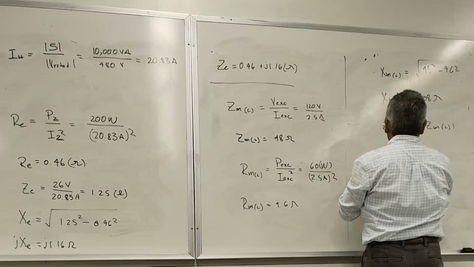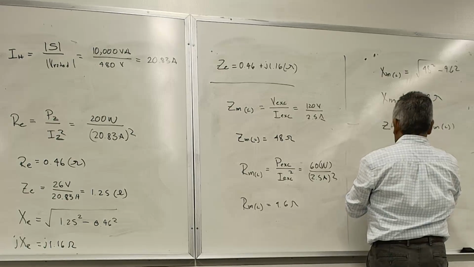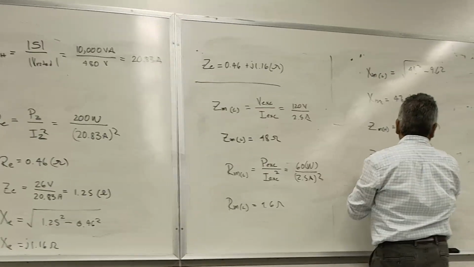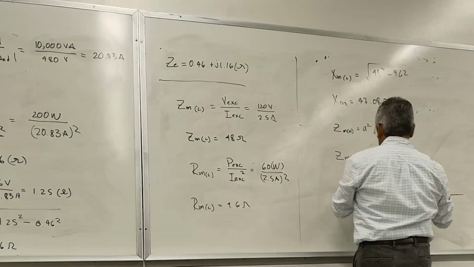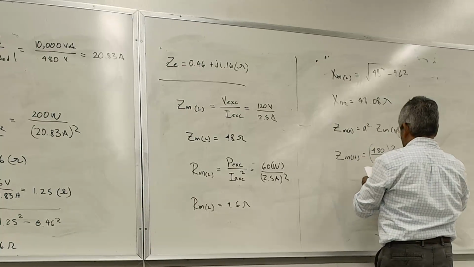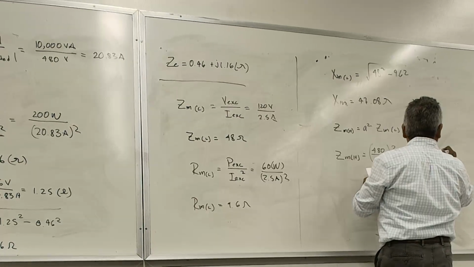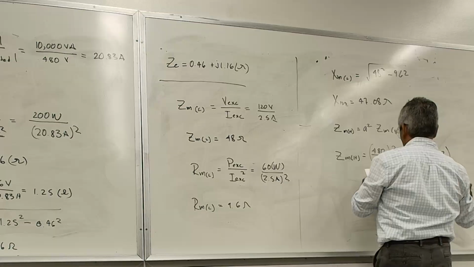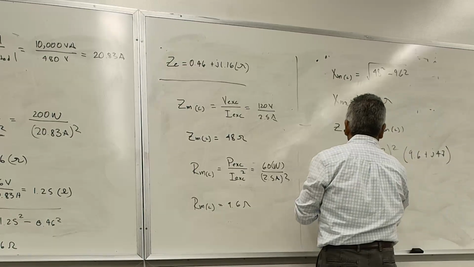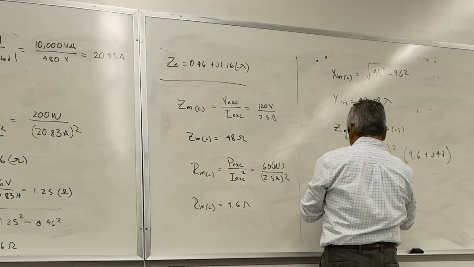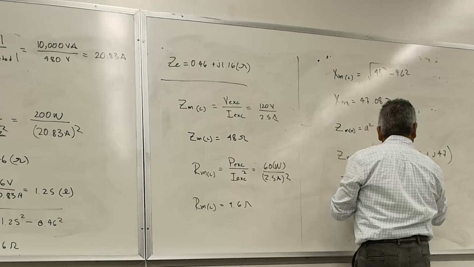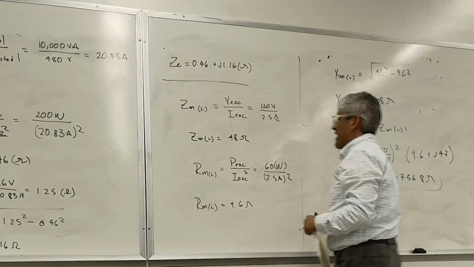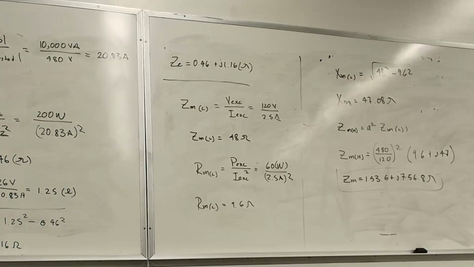So this is going to be ZM high is equal to the transfer ratio, which in this case is 480 divided by 120 squared, the one that we already used, times 9.6 plus J47 ohms, and that gives me a ZM of 153.6 plus J756.8 ohms.